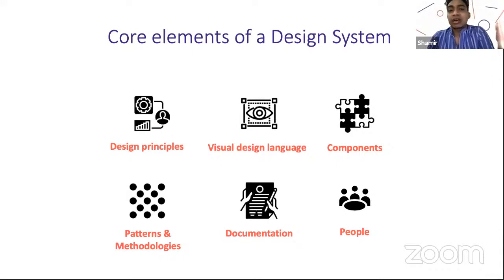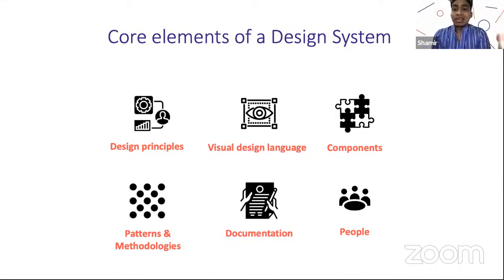Documentation will have stuff like UI UX theories, the patterns to be followed, how the product should look and feel, and how the animations should function. All these can be put together and combined as documentation.